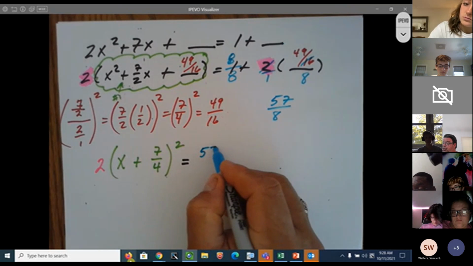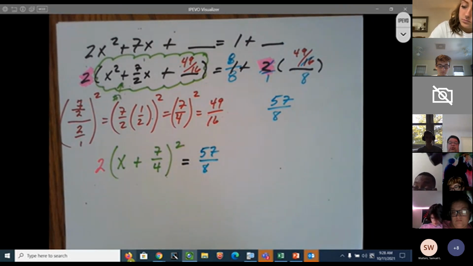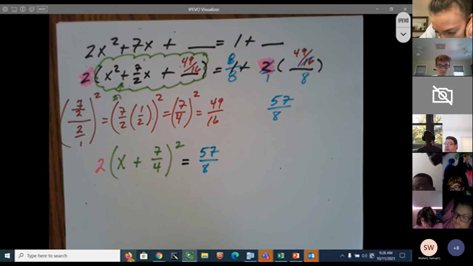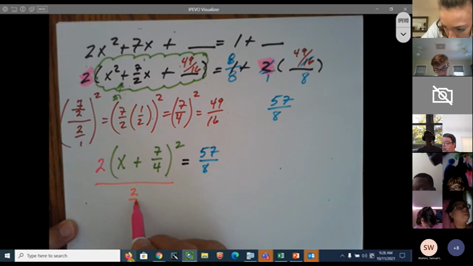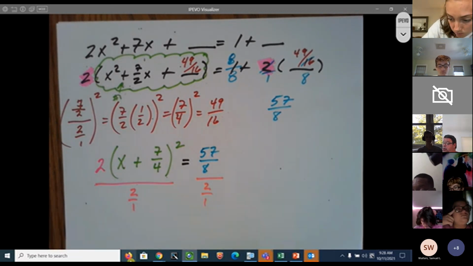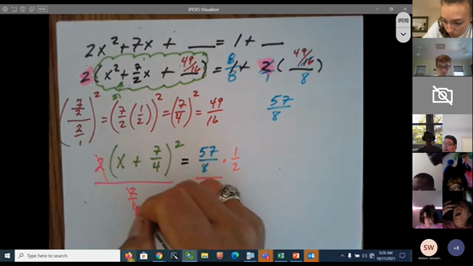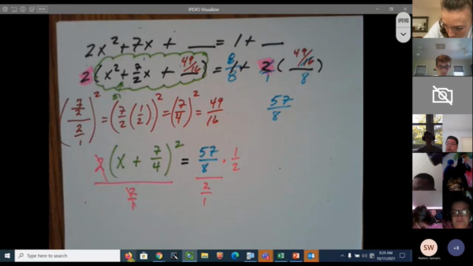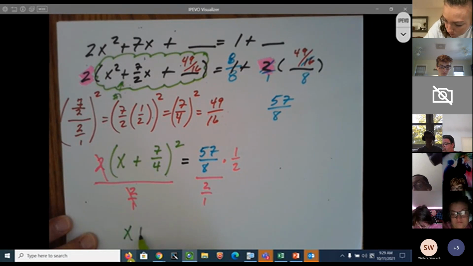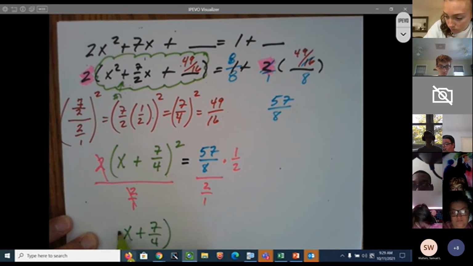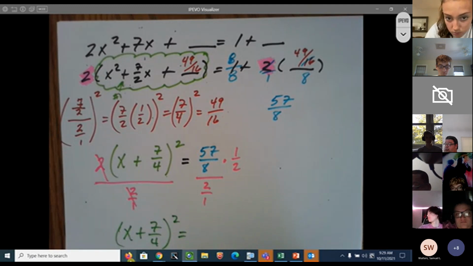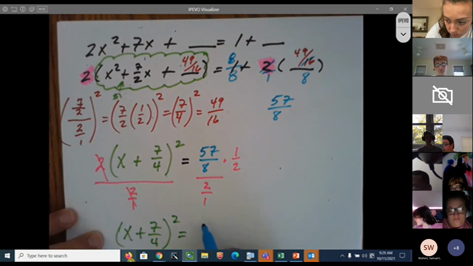And we're going to ignore the vertex right now because we don't need it. So now we're just going to solve. I'm going to divide both sides by 2, which means I'm going to multiply this side by 1/2. And x plus 7/4 quantity squared is equal to 57/16.